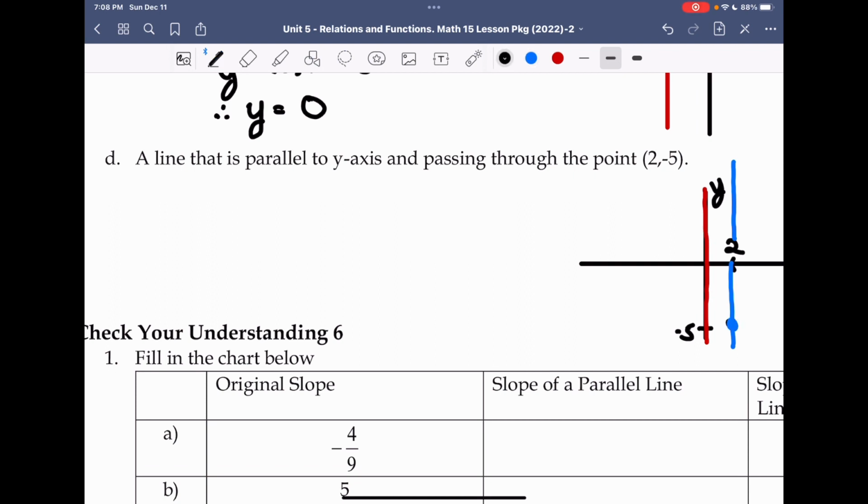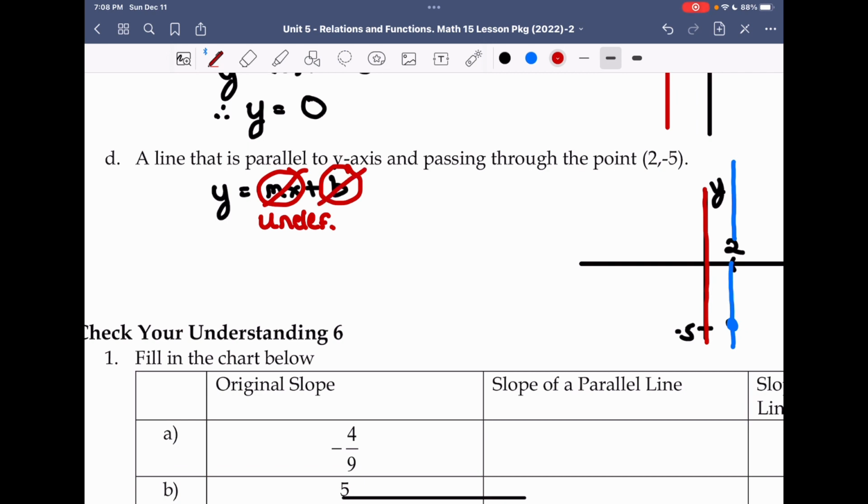So if it's parallel and we know that the y-axis, a straight up vertical line, is undefined, then it must be that our new slope is undefined. So we say y equals mx plus b. This is the equation we think we need to use. Well, first of all, if we look at our equation here, we should recognize that there's no slope. It's an undefined slope. And furthermore, a vertical line, unless it's directly on the y-axis, is never going to cross the y-axis.